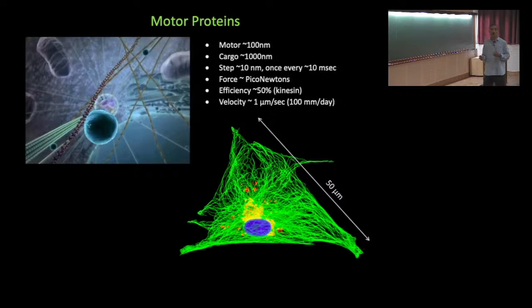How do you generate polarized distributions? Why is it not a soup inside? How do you generate polarized distribution of cargoes, which is in turn necessary for so many downstream cellular processes and indeed physiological processes, as we discussed on the first day in one context.